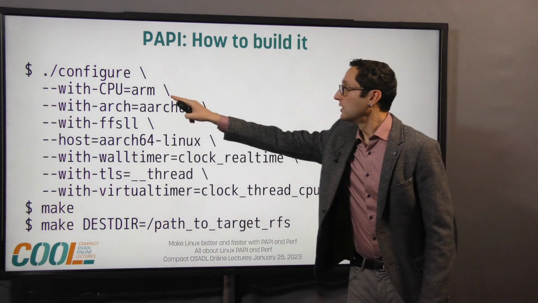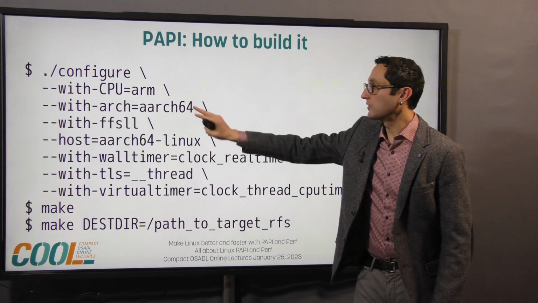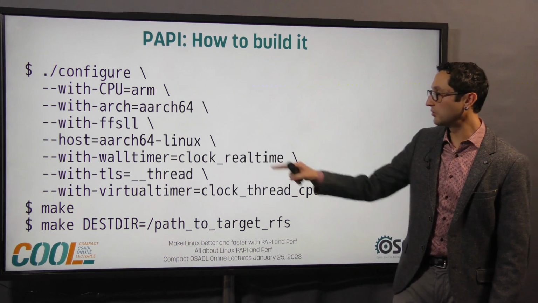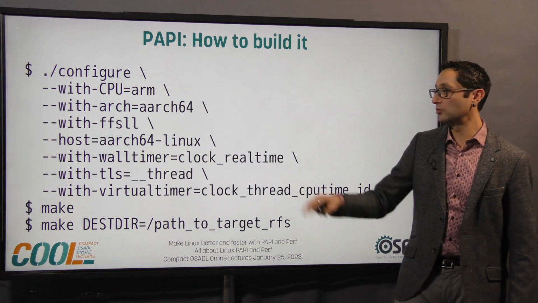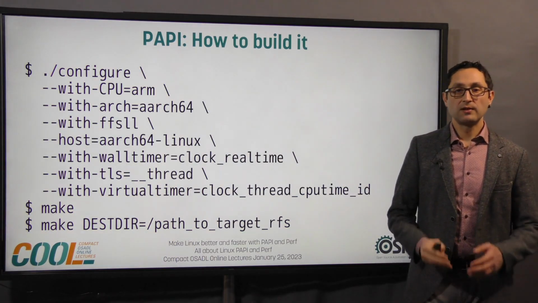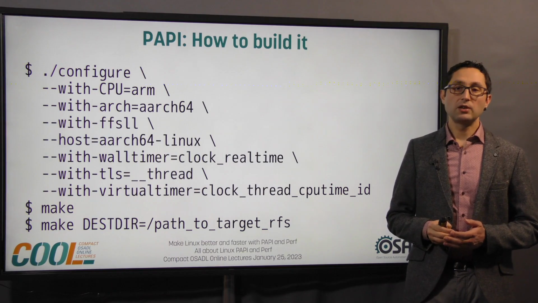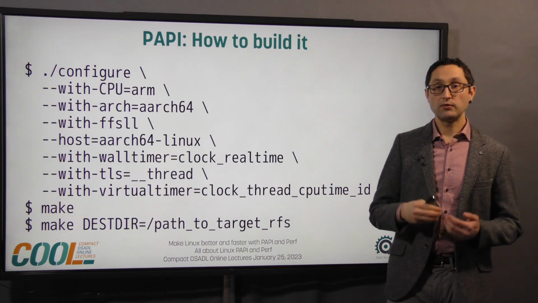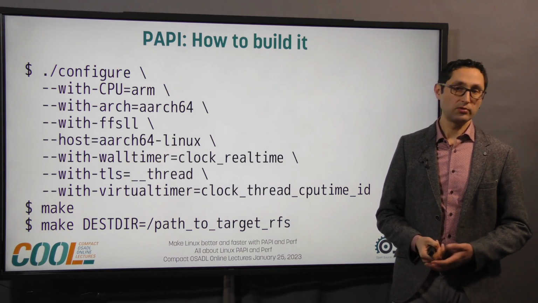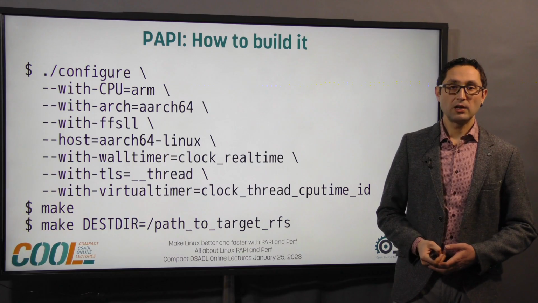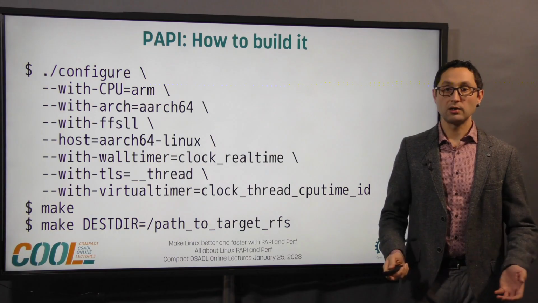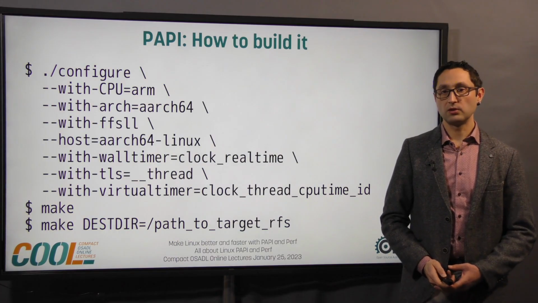The CPU and the sub-architecture are pretty easy to figure out, also the cross toolchain to use, but you also need to provide which wall timer to use, how to handle thread local storage, and the correct virtual timer. So this is doable, but here the recommendation would clearly be: if you have the possibility to build PAPI natively, go for a native build and only use cross-compiling if it's really necessary. At the end of the day, it's just configure, make, install, and you have everything you need ready to use.